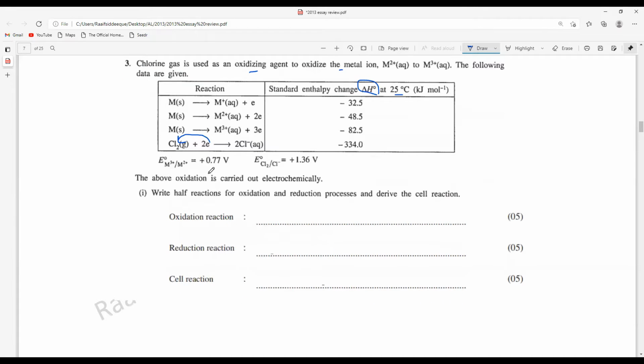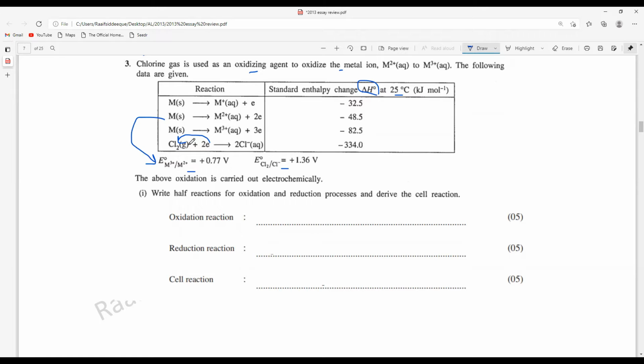And they are also giving the electrochemical cell formed between M2+ and M3+ and Cl2 and Cl minus. Now, don't confuse these three reactions, or even the fourth reaction that they have given, with this electrochemical data, right?